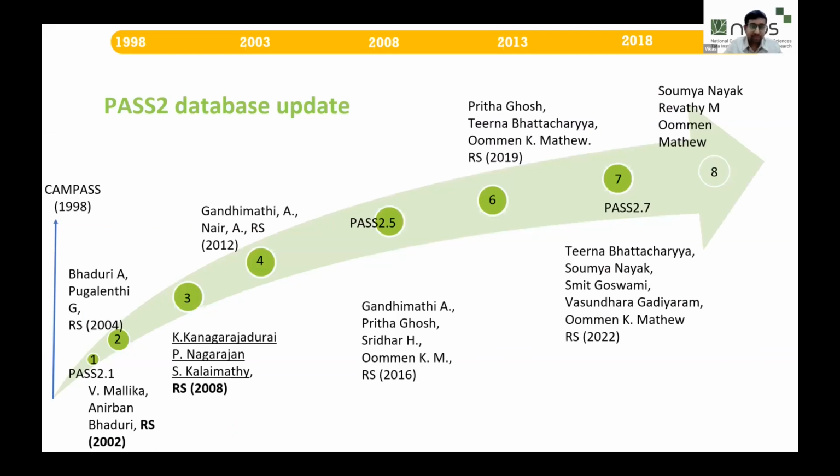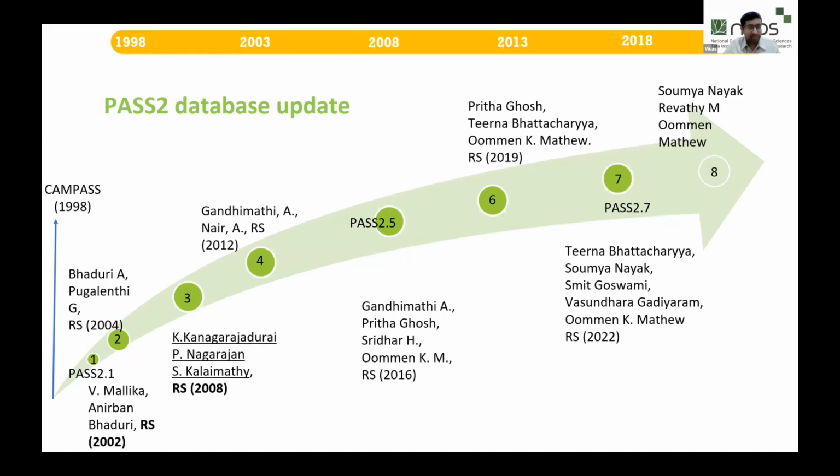And then we talked about our lab's flagship database, whose inception was even before the lab started. So it has a nice journey as the lab grew. The database also grew a lot. It started in 1998 when it was called Campus, while Professor Saudamini was doing her postdoctoral studies in Cambridge.